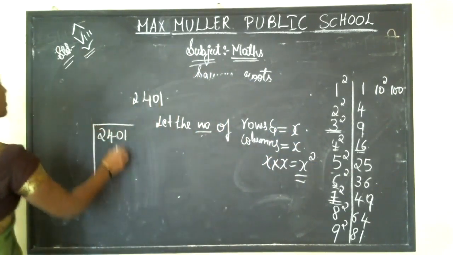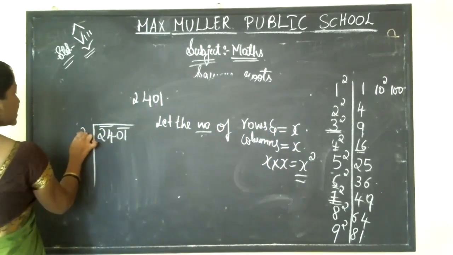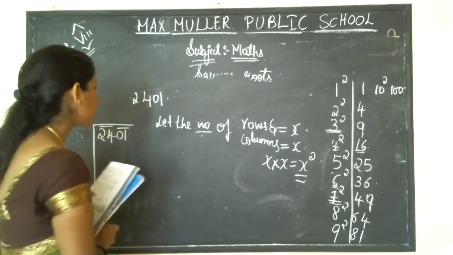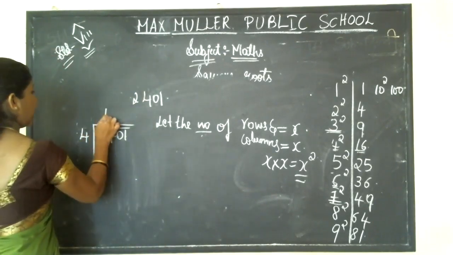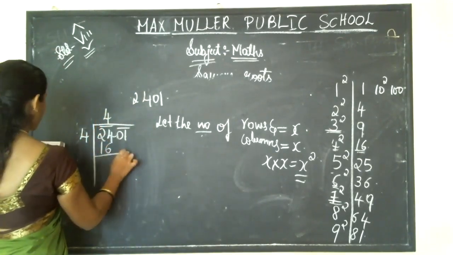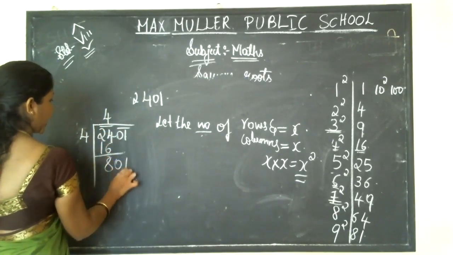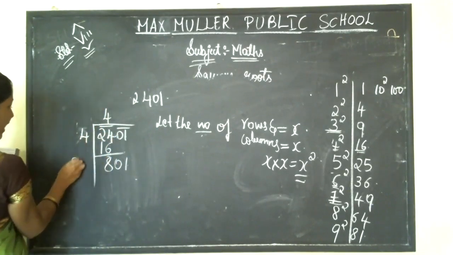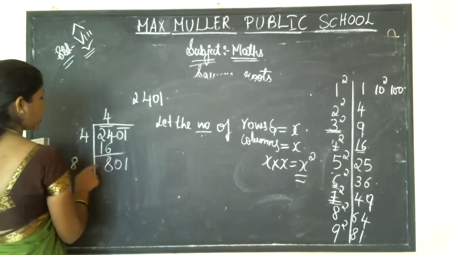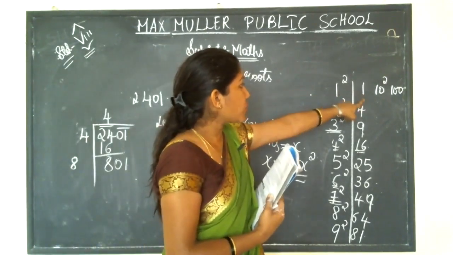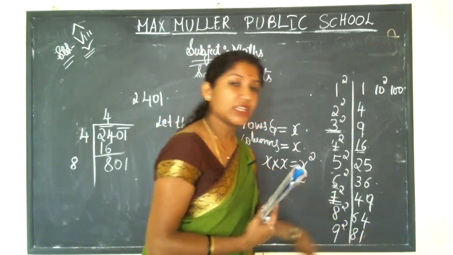First you have to group the numbers and see the nearer square number, that is 16. 4 4s are 16. So the remainder will be 8, and bring down 01, giving 801. Double 4 to get 8. So you have to go with 9: 1 square is 1 and 9 square is 81.